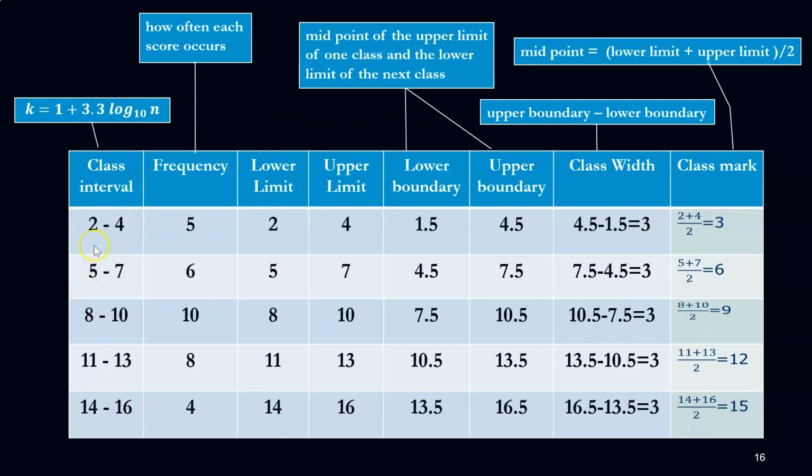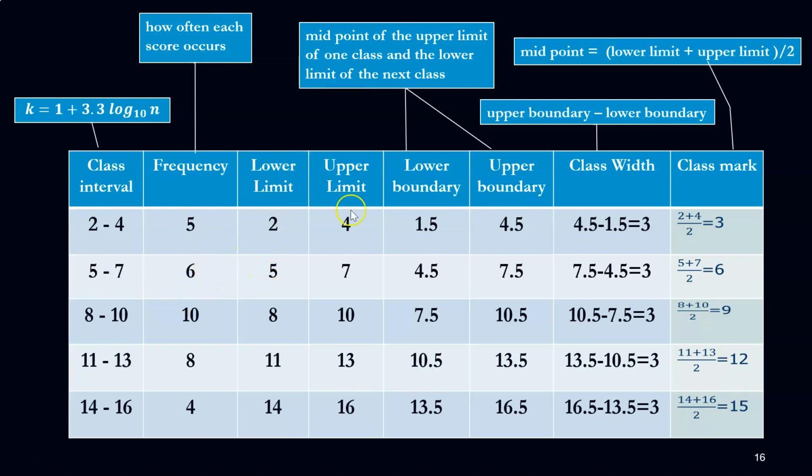I'm using this formula. So nanti kalau I dapat K equal to 5, which means that you have 5 kelas. 5 kelas macam ni. And frequency meaning that how often each score occurs, kekerapan. Berapa kerap score tu berulang.